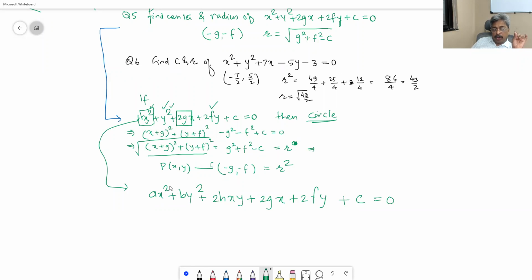The power of x 2 is available, the power of y 2 is available, an x into y term is available, only x raised to 1, y raised to 0 term is available, y raised to 1, x raised to 0 term is available, and an x raised to 0, y raised to 0 term. So this is the general degree 2 equation in x, y.